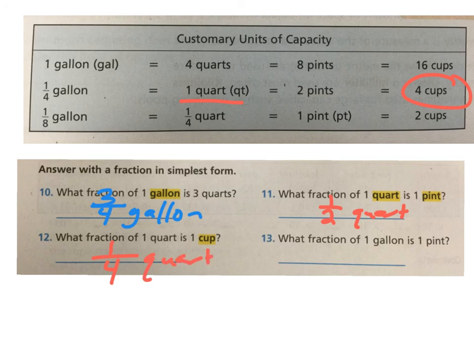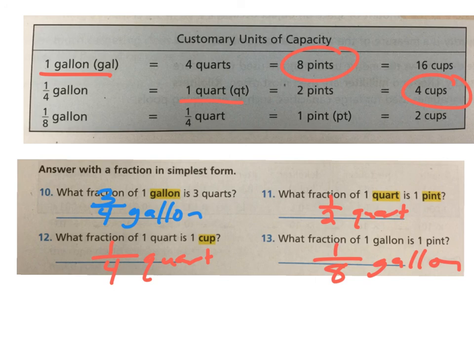What fraction of 1 gallon is 1 pint? Well, 1 gallon is the whole. It takes 8 of those to make 1 gallon. And how many do we have? We have 1 of them, so 1/8 of a gallon. 1 pint is 1/8 of a gallon. So we have to look at the whole that we're comparing it to, and then how many of those does it take to make the 1 whole? That's our denominator. Then how many we have is the numerator.